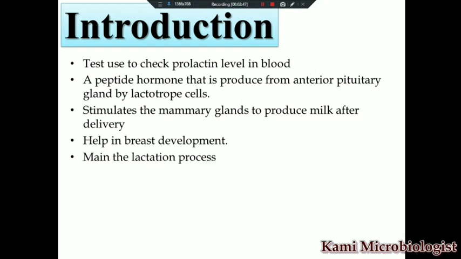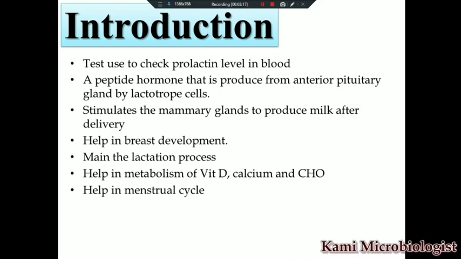Moreover, it can also maintain the lactation process, the process of milk maintenance, like whenever the milk is highly needed or less needed, at that time prolactin can maintain the lactation process. It can also metabolize vitamin D, calcium and carbohydrates.